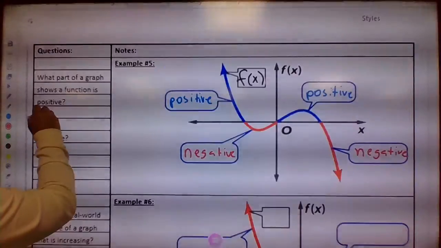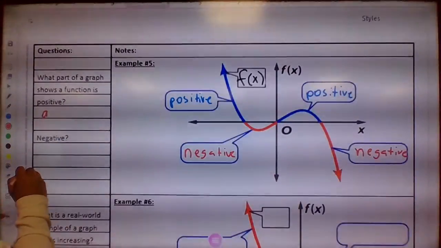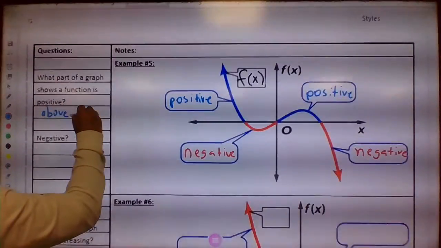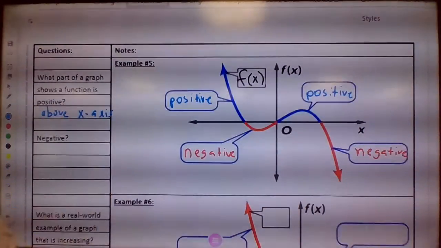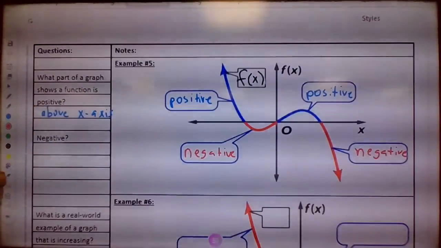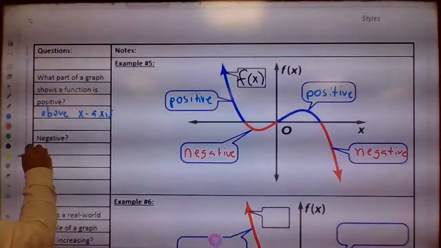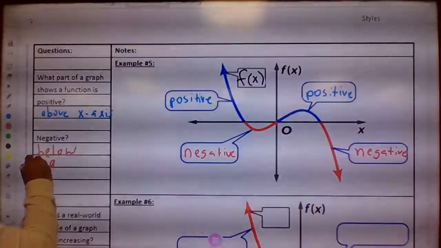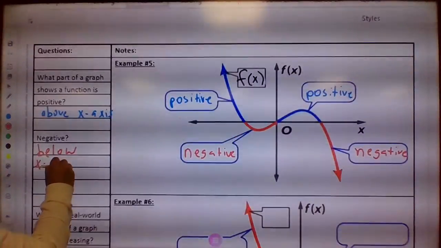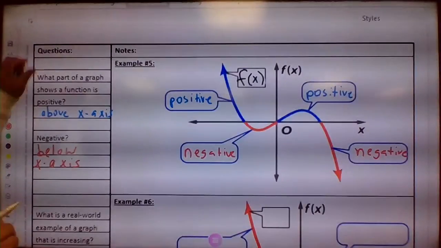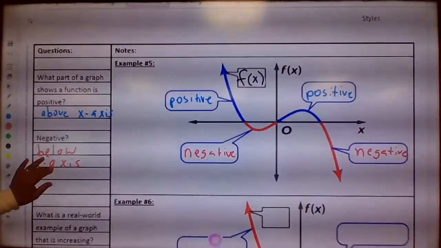And what part of a graph shows a function is negative? The part below the x-axis. All right, let's keep going.